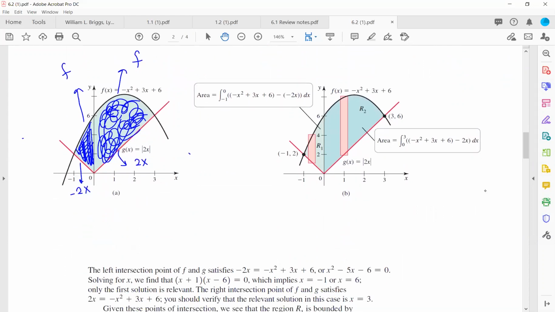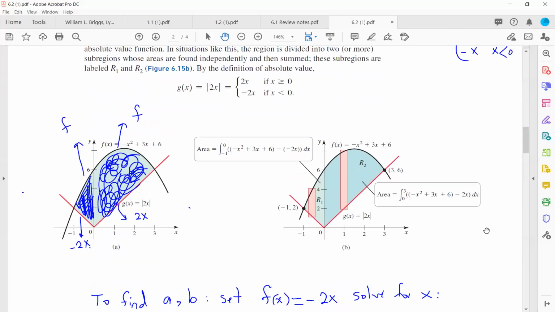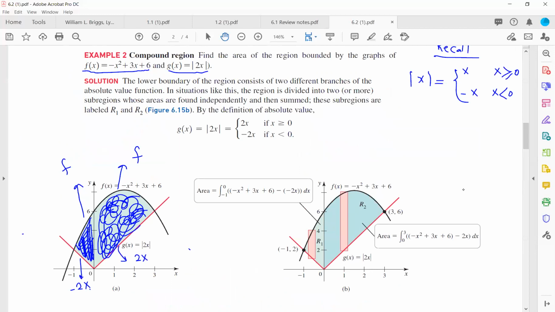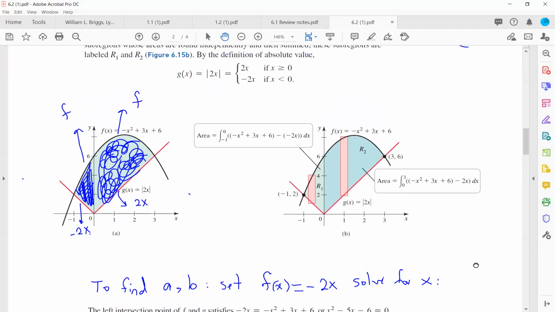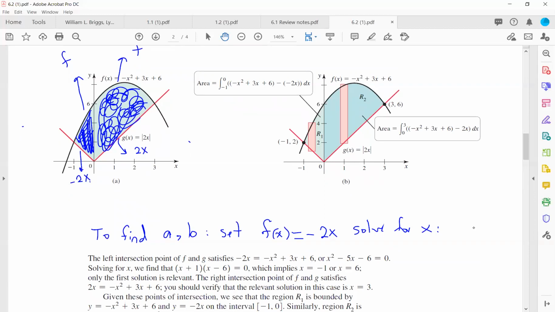Okay, perfect. So for your left-hand side, you have f and negative 2x. To find a and b, set f equals to negative 2x and solve for x. So your function f of x is defined as negative x squared plus 3x plus 6, and you set it equal to minus 2x. Here we have a quadratic equation to solve.